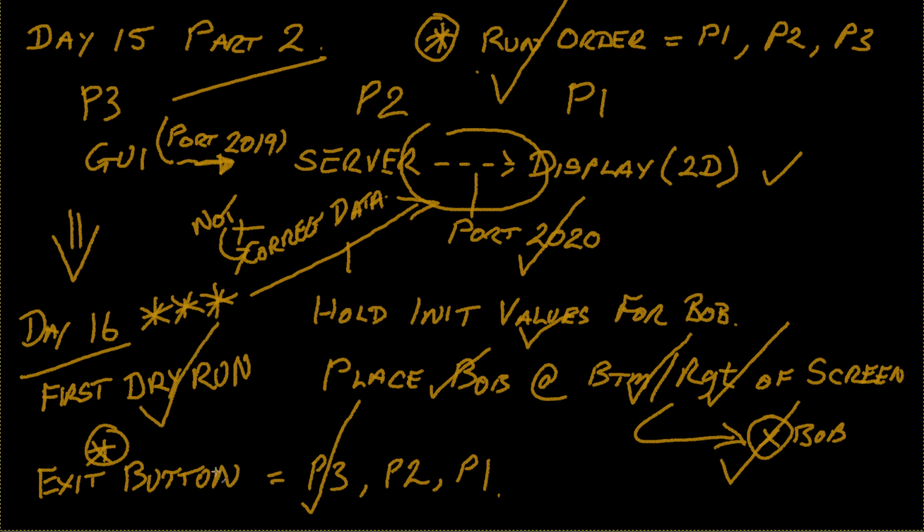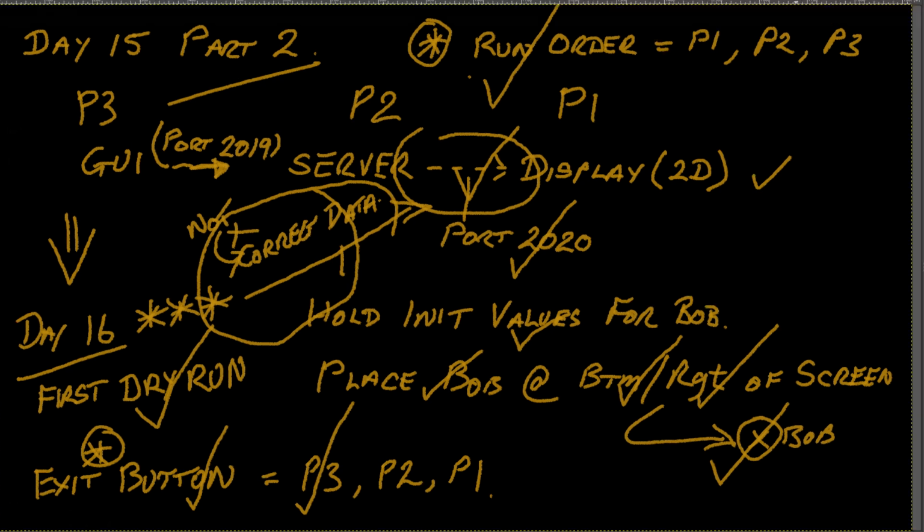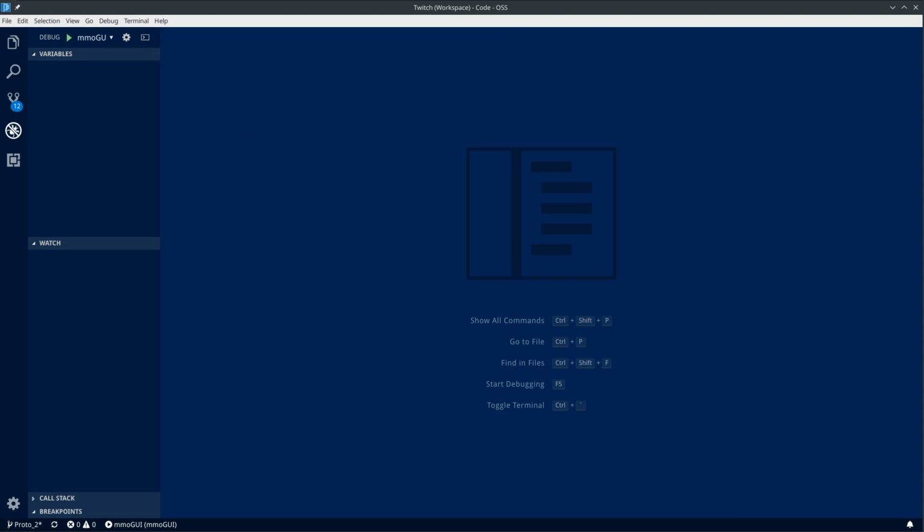First try run's done. Exit button's done. Correct data. That's where we're up to. That works. Run order works. Exit works. So it's just central core data. And I need to change the names on... Oh, I need to clear that as well.